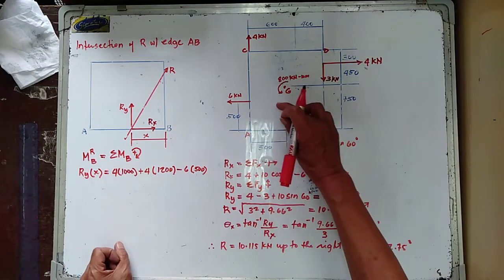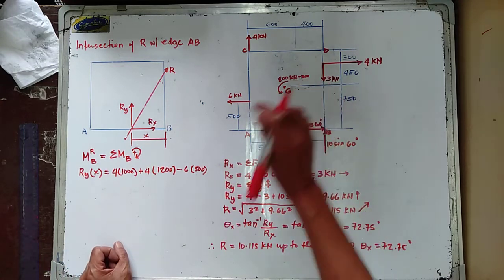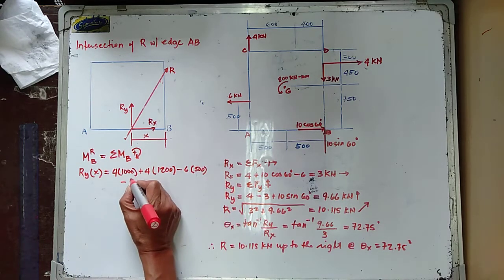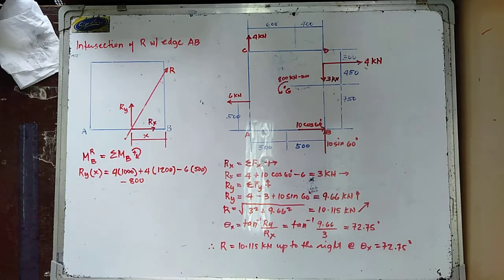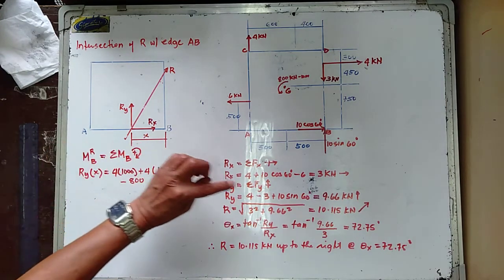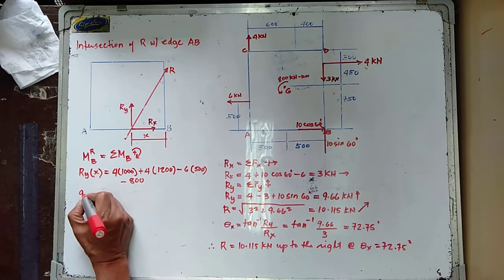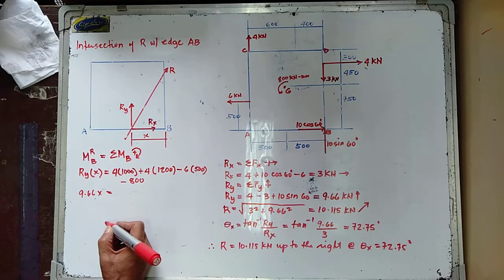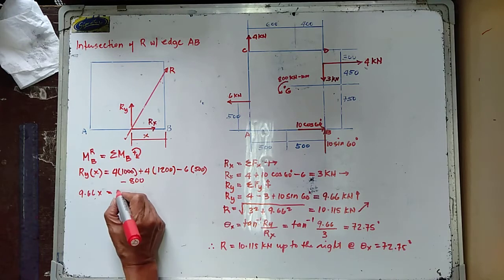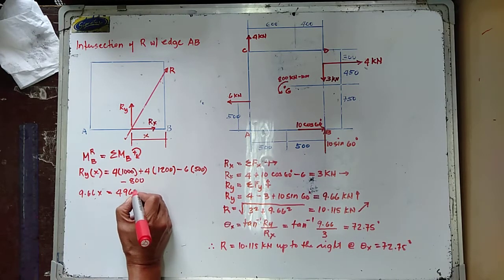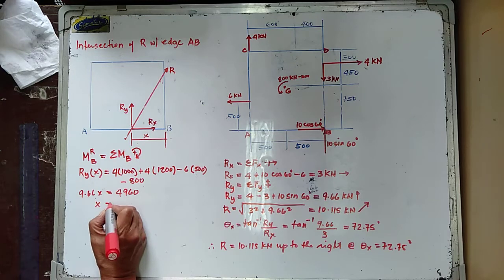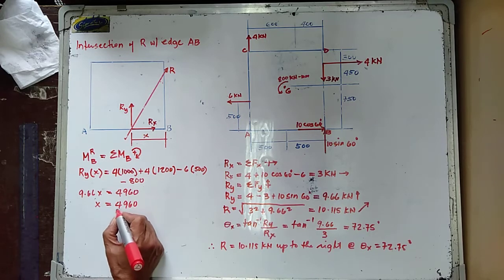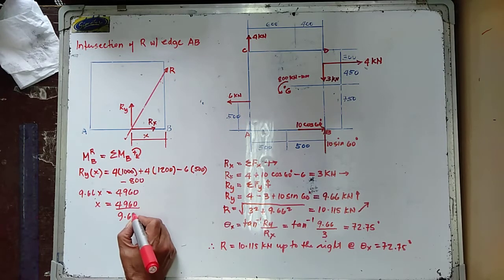And then we have a couple acting at the center of the plate, and that is 800 going counterclockwise. So we have minus 800. And therefore, the value of Ry in here is 9.66. X is therefore equal to 4960. Hence, the value of X in here is equal to 4960 all over 9.66.